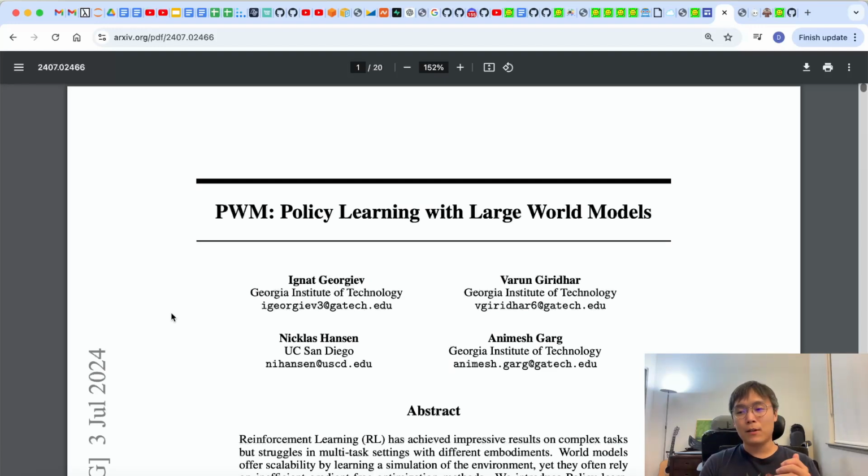So if some really good imitation learning method comes out, I can still use this RL to push the envelope, right? So I want to learn more about this RL approach and then actually apply it to our simulation or real world data. Yeah, so that's my plan.